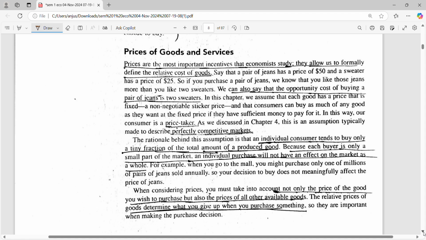Individual consumers tend to buy only a tiny fraction of the total amount of produced good, because each buyer is only a small part of the market and an individual purchase will not have any effect on the market as a whole. When considering prices, you must take into account not only the price of the good you wish to purchase but also the price of all other available goods. The relative price of goods determines what you give up when you purchase something.